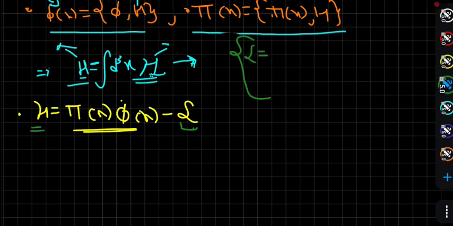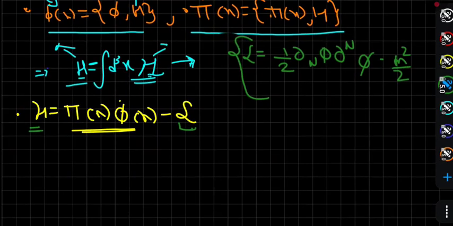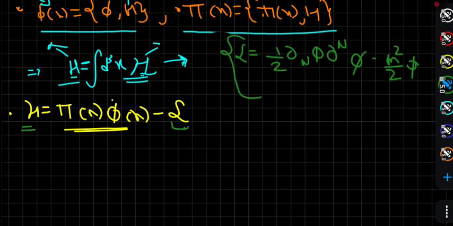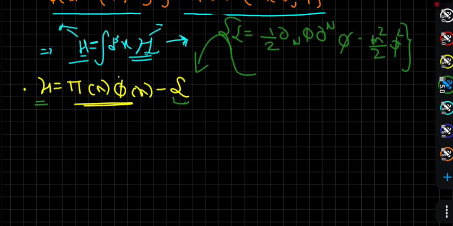The Lagrangian density is generally defined as one half del mu phi del mu phi, with its upper and lower indices from the contravariant and covariant tensors, minus m square by 2 phi square. This is the Lagrangian density. I'm going to put this in the formula and let's see what will happen.